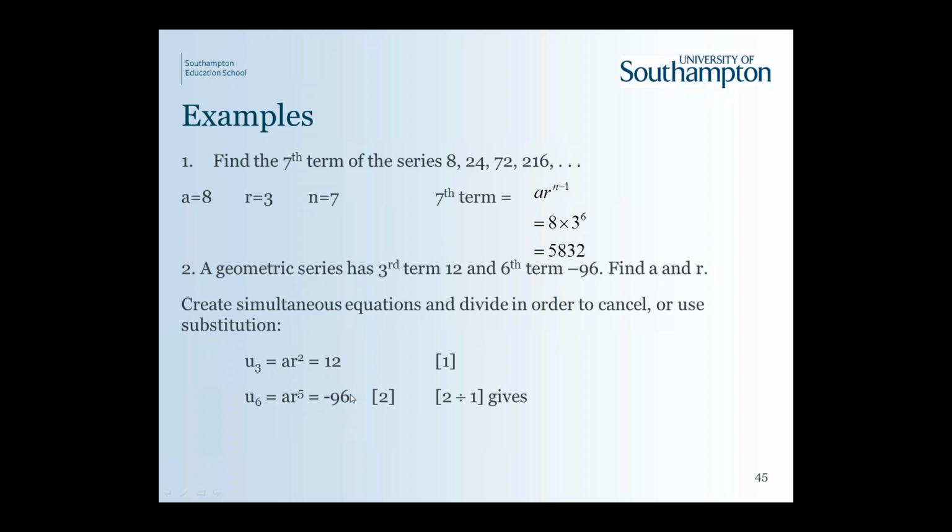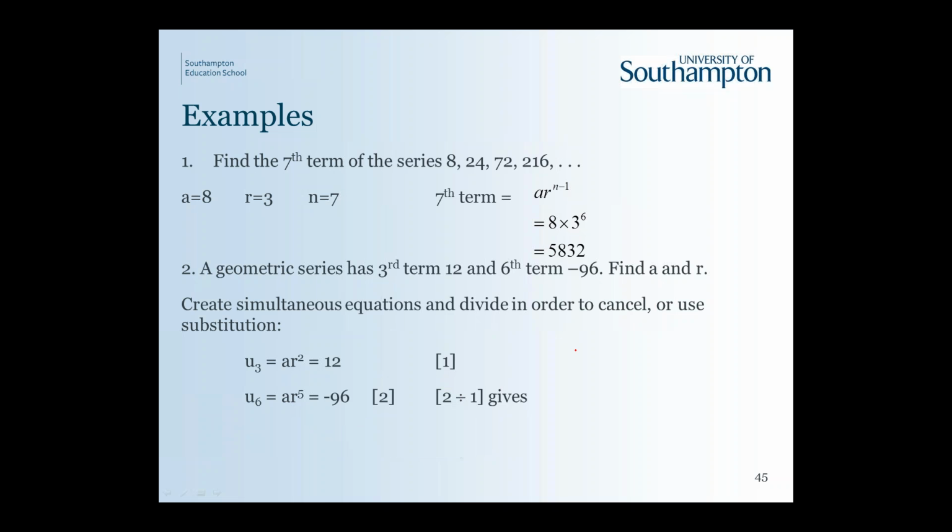In this case, you can divide to get rid of things. We want to get rid of the A. So if we do 2 divided by 1, we're basically going to get AR to the 5 divided by AR squared. We can cancel out the A's.